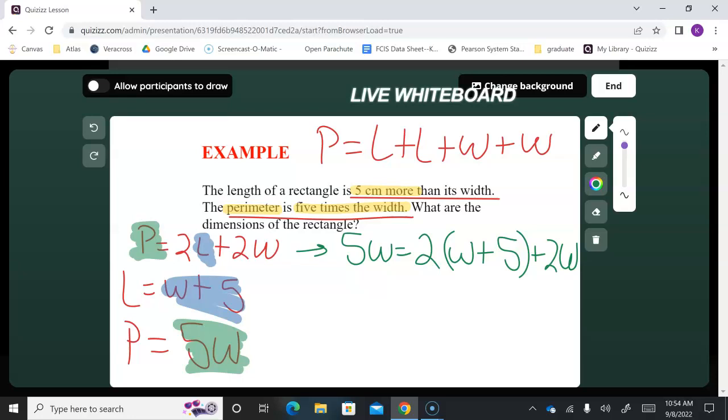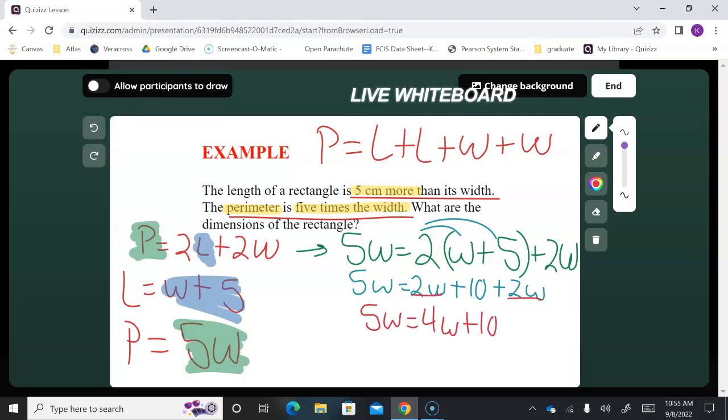So what do I do first? Distribute. Next, combine like terms. Next.